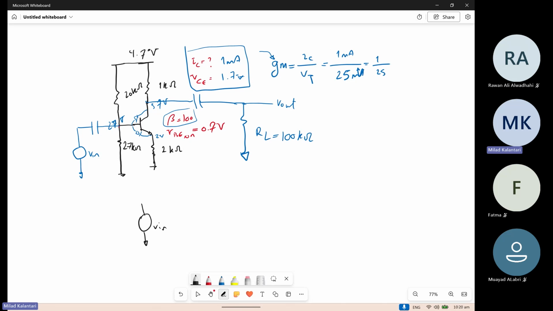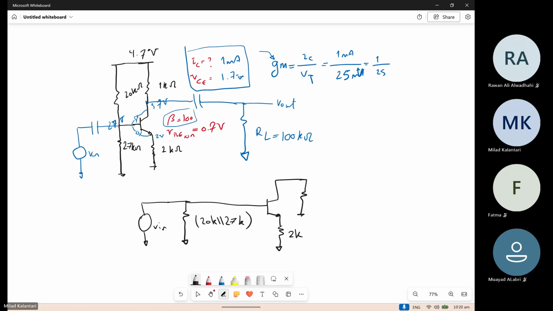It doesn't help that much, but I just do it until you tell me the answer. 20 kilo in parallel with 27 kilo. 1 kilo, let's say parallel to 100 kilo.